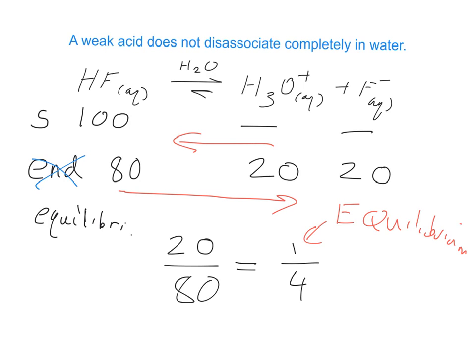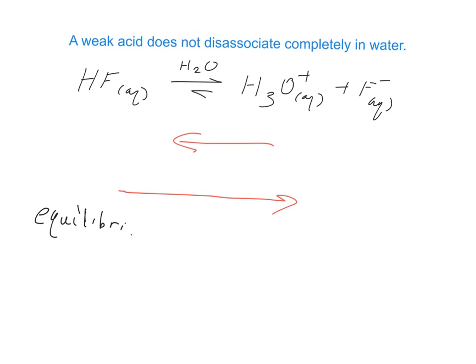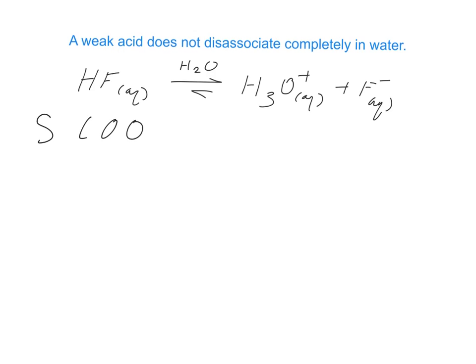Here's the bottom line that you need to get from this one. You need to be comfortable with the fact that for a weak acid, if you start with 100, only some of them are going to break up.